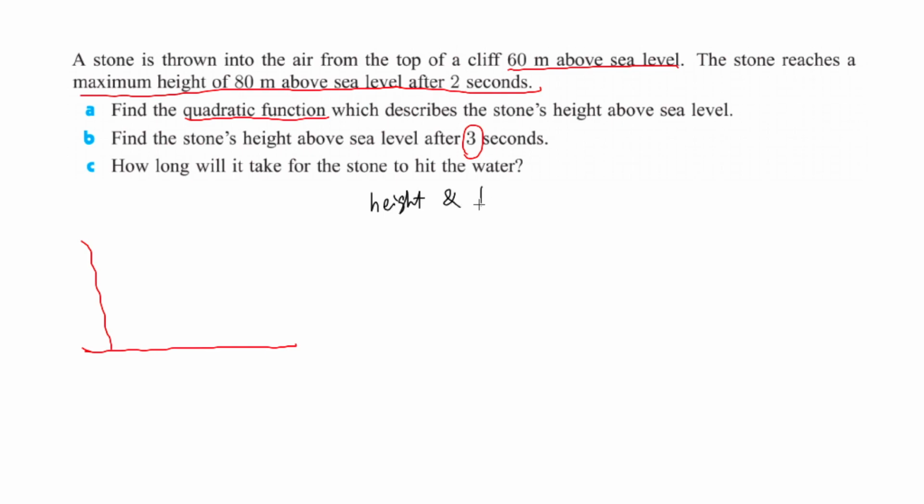Horizontal axis represents the time, and the vertical axis means the height above sea level. Time in seconds, and the height in meters.